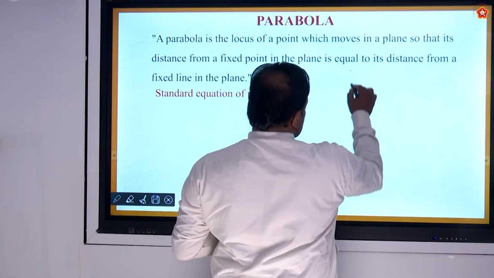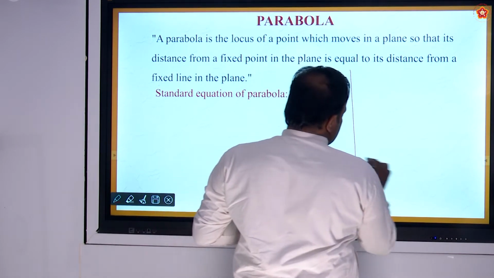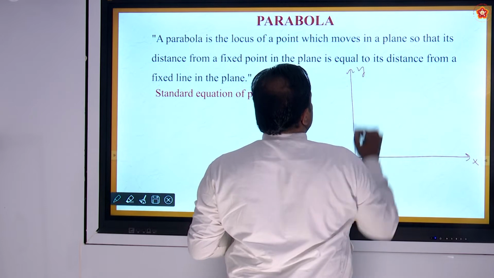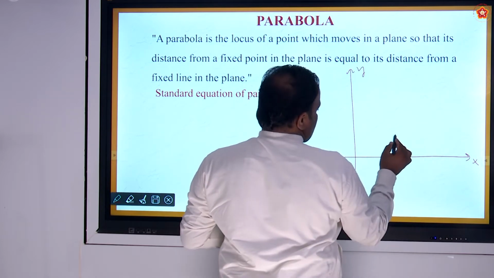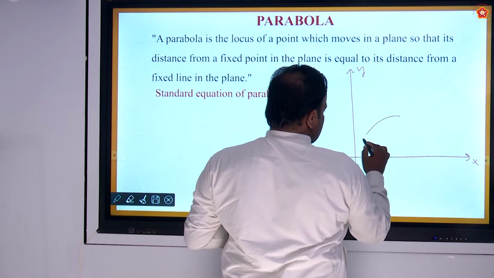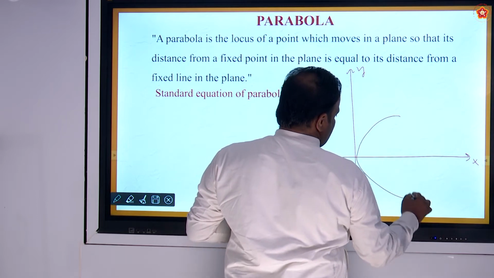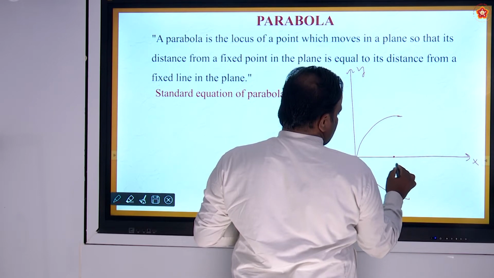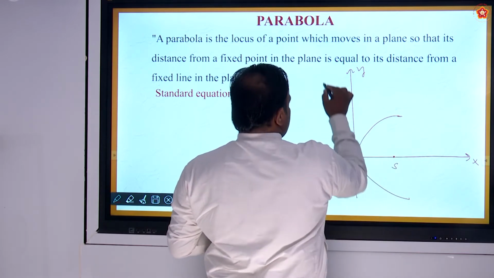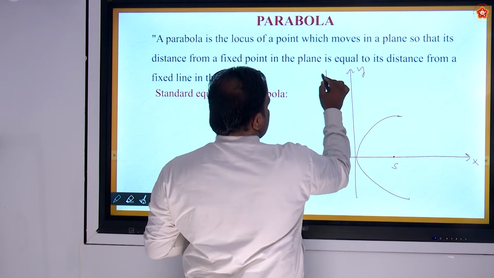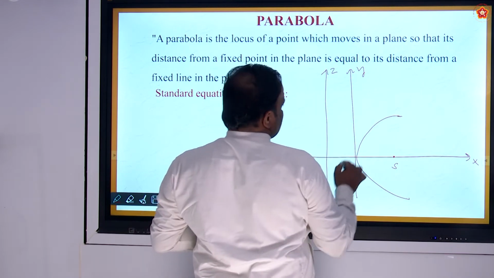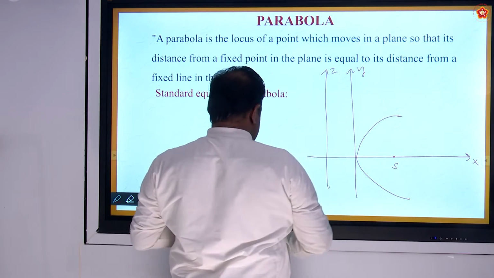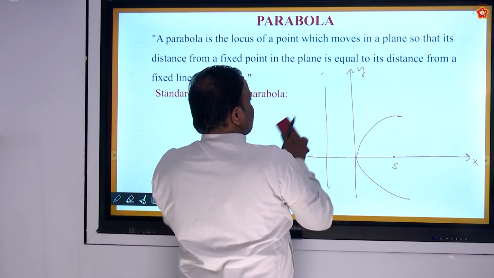Observe here, this is x-axis, this is y-axis, correct? So, draw the parabola like this. The vertex is origin. You take point S here, S is the fixed point, and draw one line here. You say Z, otherwise you say L. That is L. L is called the fixed line.